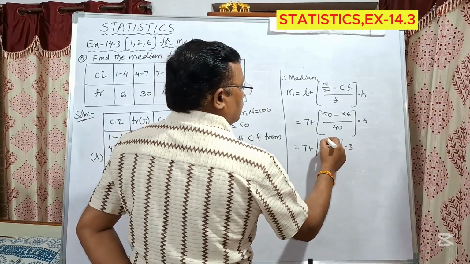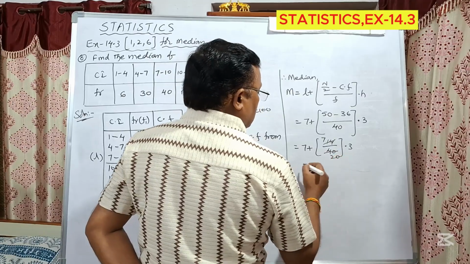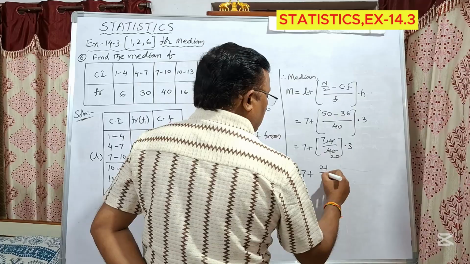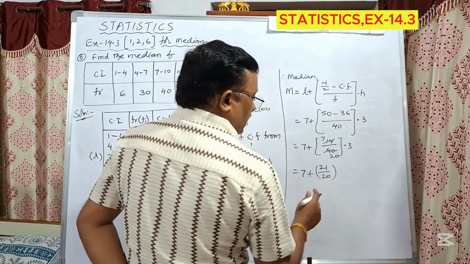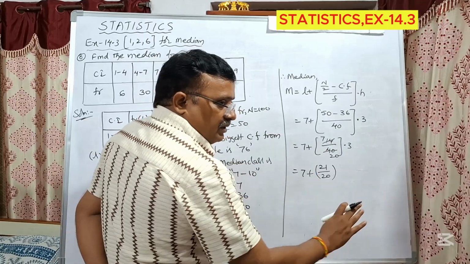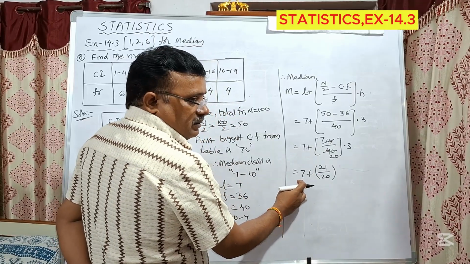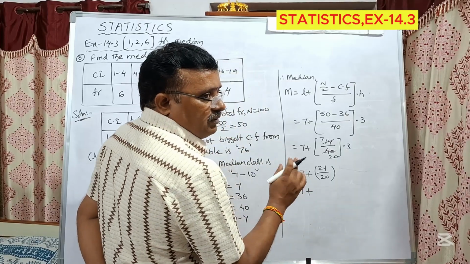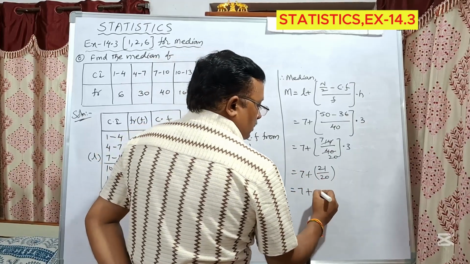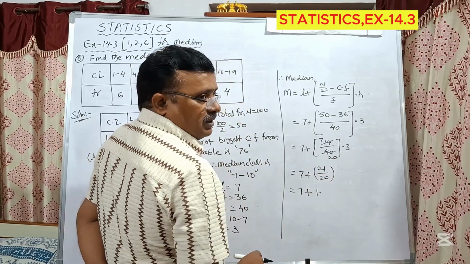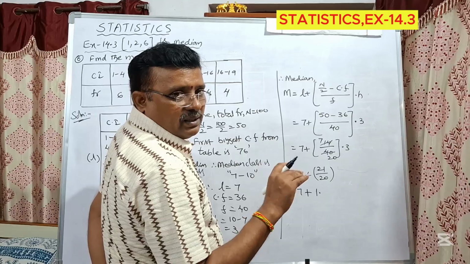Okay? Now 2 tables, 2 7s are 14, 2 20s are 40. This is equal to 7 plus 7 3s are 21 by 20. So don't take LCM. Simplify the right side value and add it to the first term 7. So this is equal to 7 plus what is 21 by 20? It is 21 by 20: 20 1s are 20, 1 will remain, 1 0 will become 10 but not sufficient.